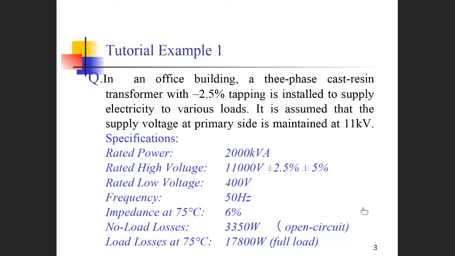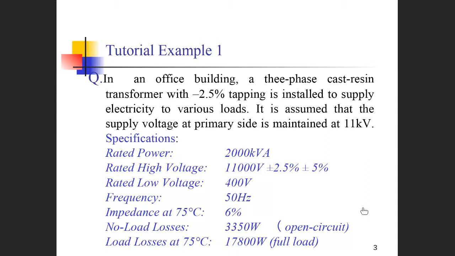Tutorial example 1. In an office building, a 3-phase transformer with a minus 2.5 tapping is installed to supply electricity to various loads. It is assumed that the supply voltage on the primary side is maintained at 11 kV.